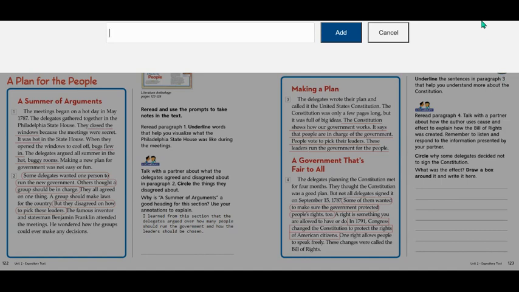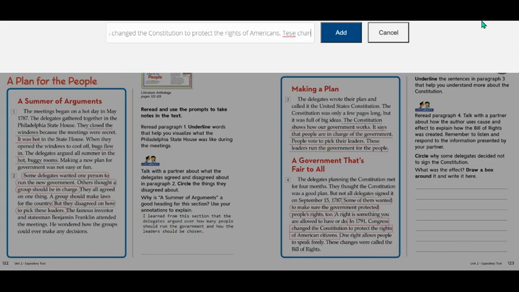So the effect was in 1791, Congress changed the Constitution to protect the rights of Americans.